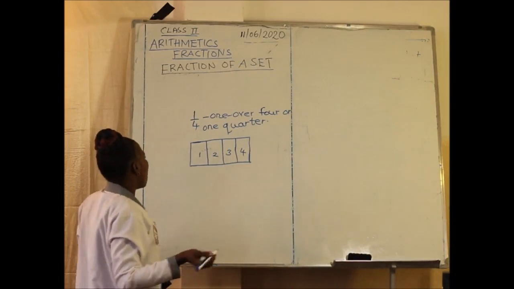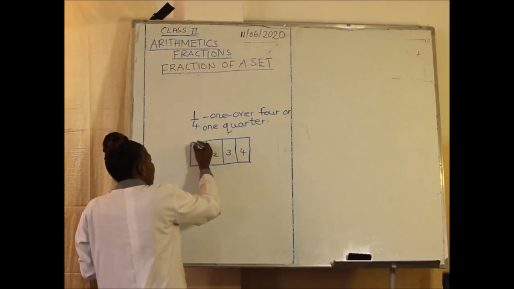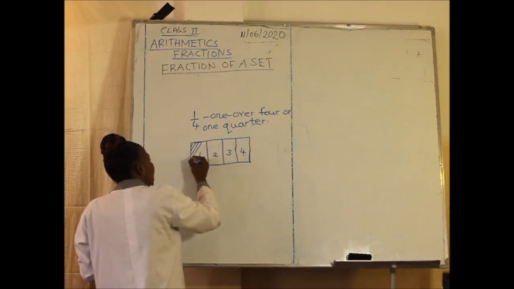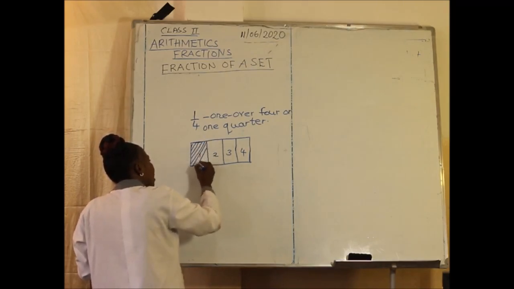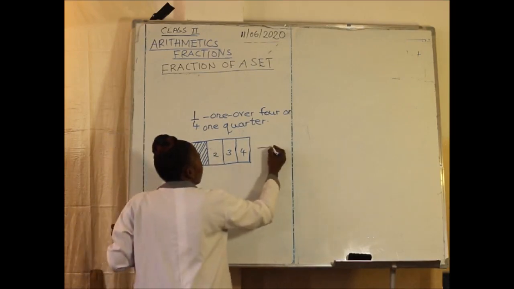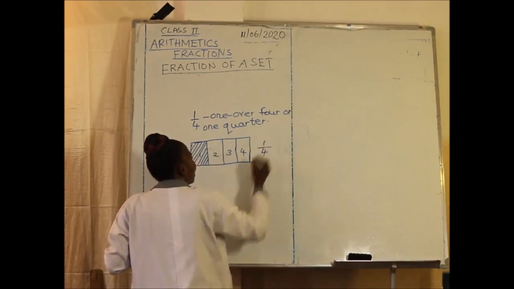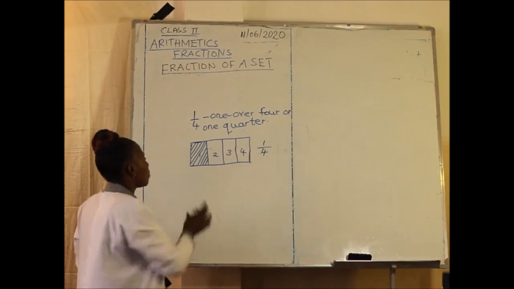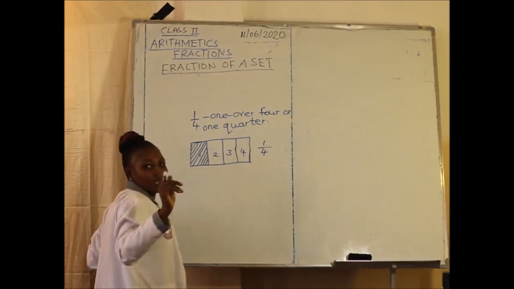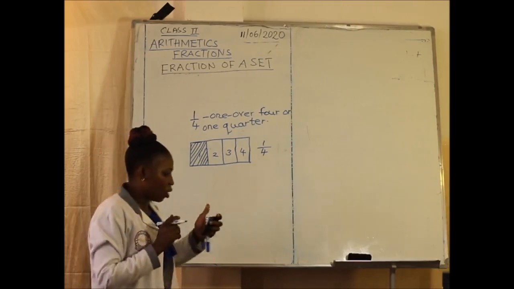Out of these 4 parts, maybe you decide to shade 1 part, or you decide to remove 1 part if we are talking about a real thing. So the fraction will be 1/4. It means that out of 4 parts, only 1 part is shaded or only 1 part is removed or omitted.